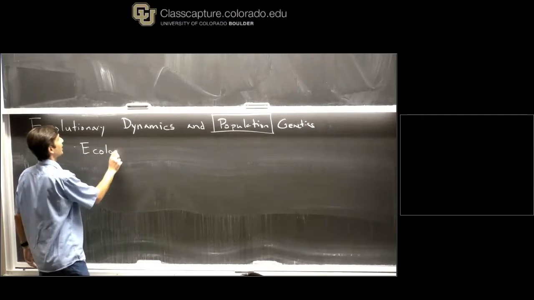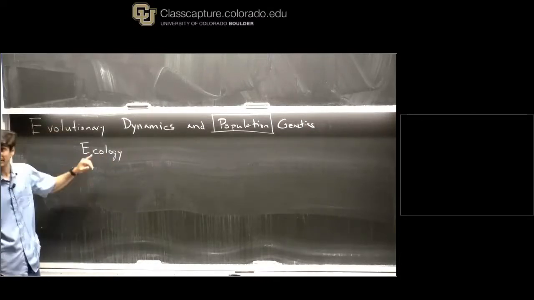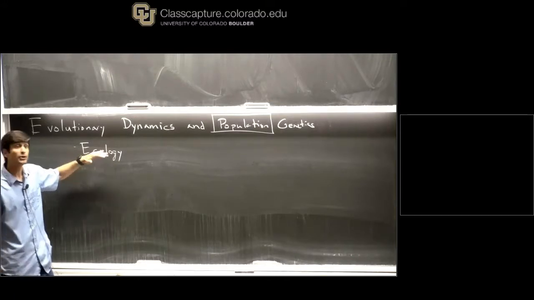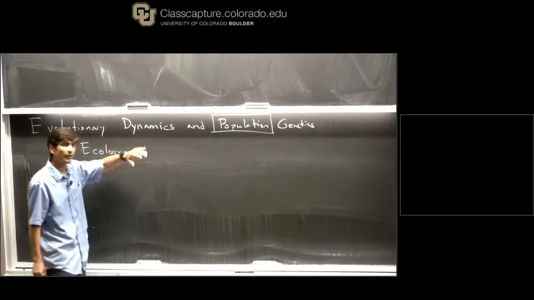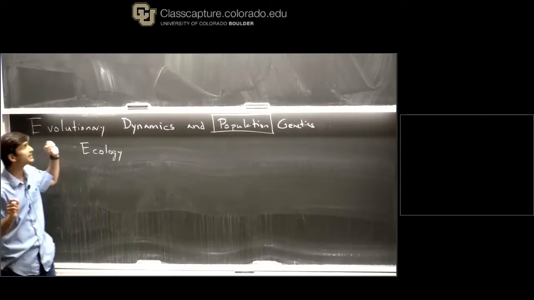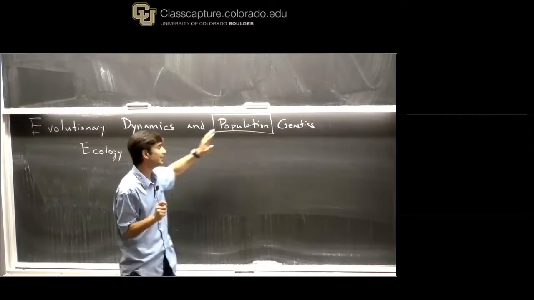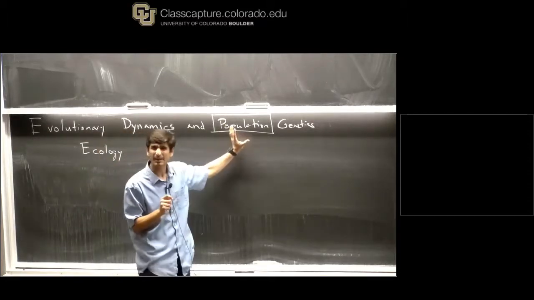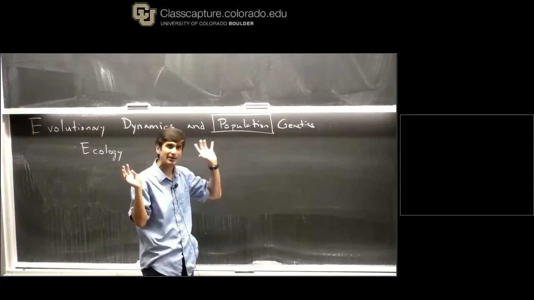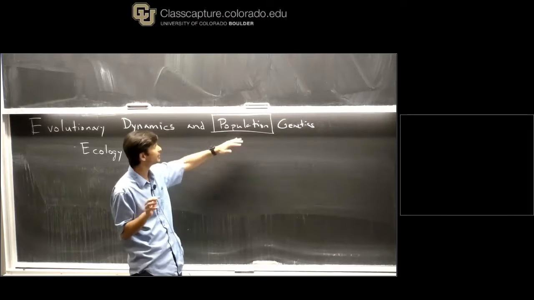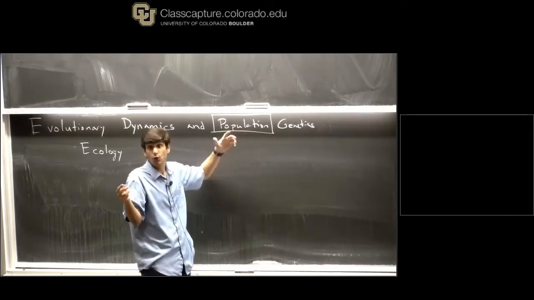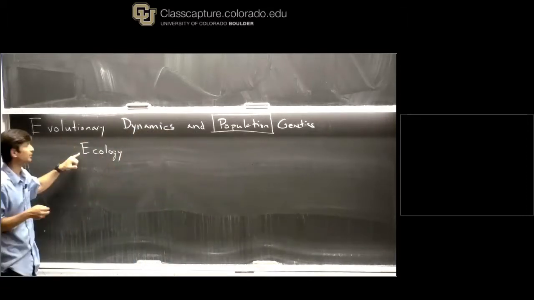So ecology defines what a population is, and we are not going to talk about this. We are instead going to assume that there's some ecological niche for some set of organisms, and they form a population, and this ecology sets something like a population size. There may be interactions between populations that we're not going to consider, and we're just going to look at the internal dynamics of this population whose structure is set entirely externally by ecology.